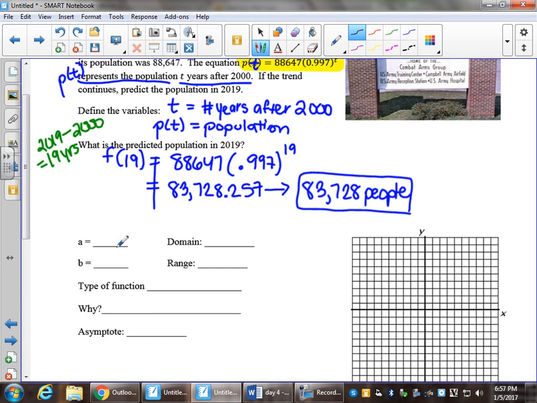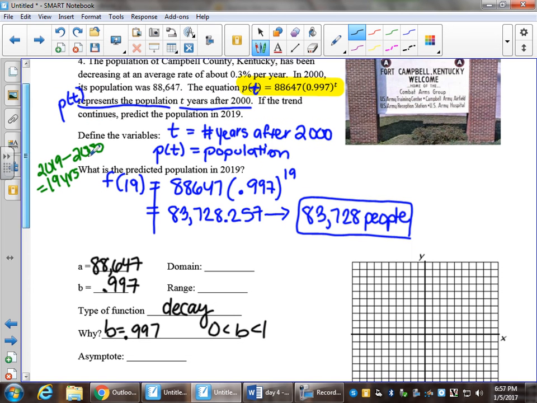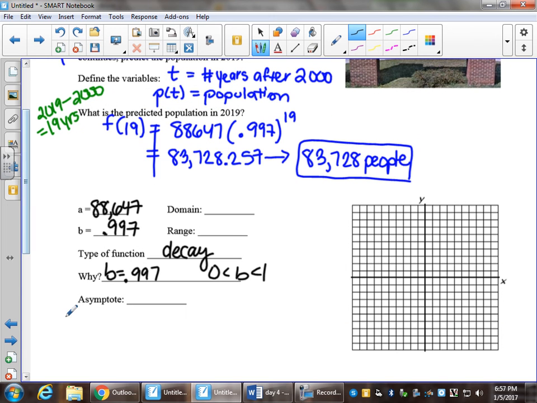Let's work on our skills piece here. A is 88,647. B is 0.997. That tells me this will be decay because B equals 0.997, a value between 0 and 1. When I look at my function up here, there's no plus a number or minus a number. So that makes K 0, which means my equation for the asymptote is y equals 0.